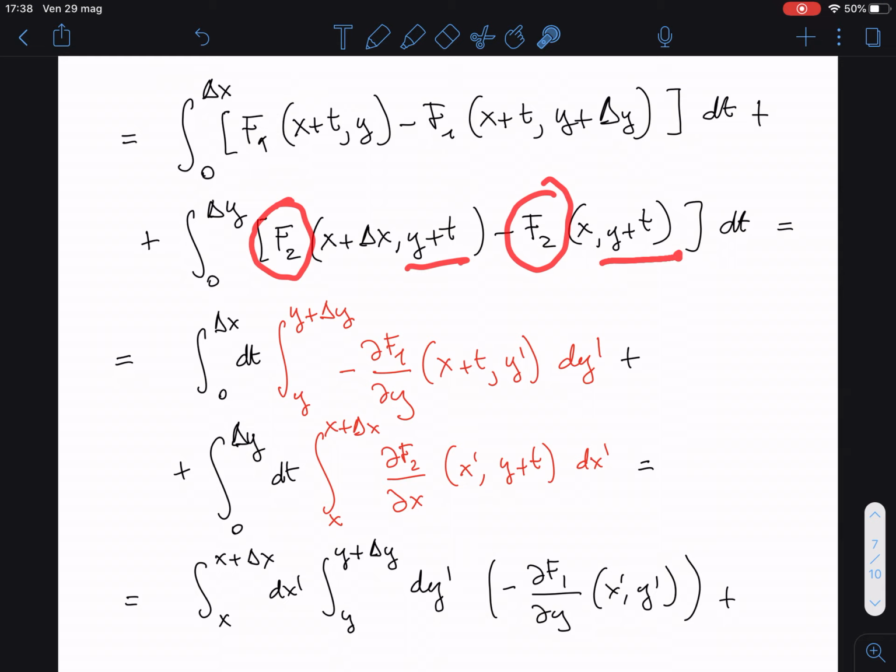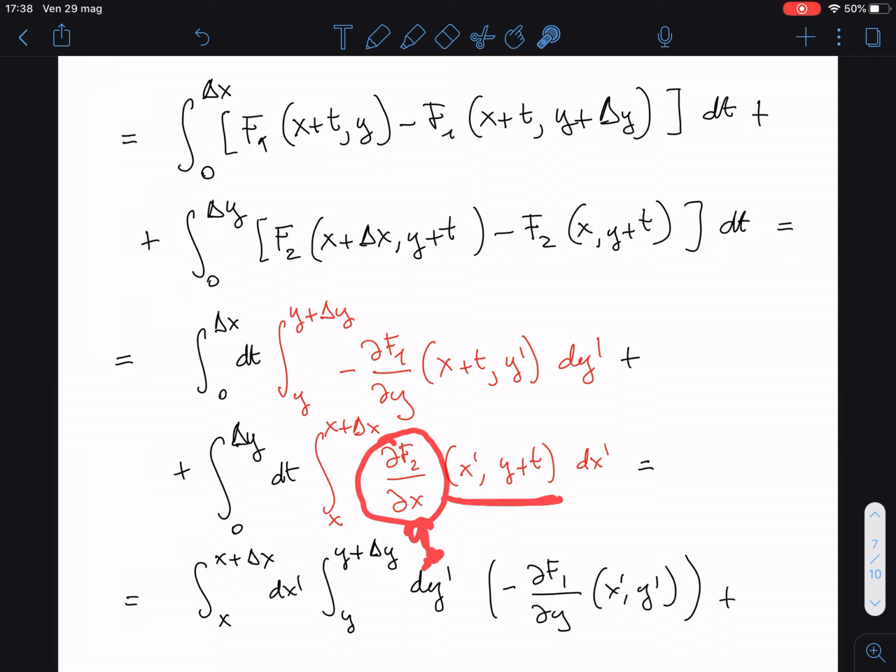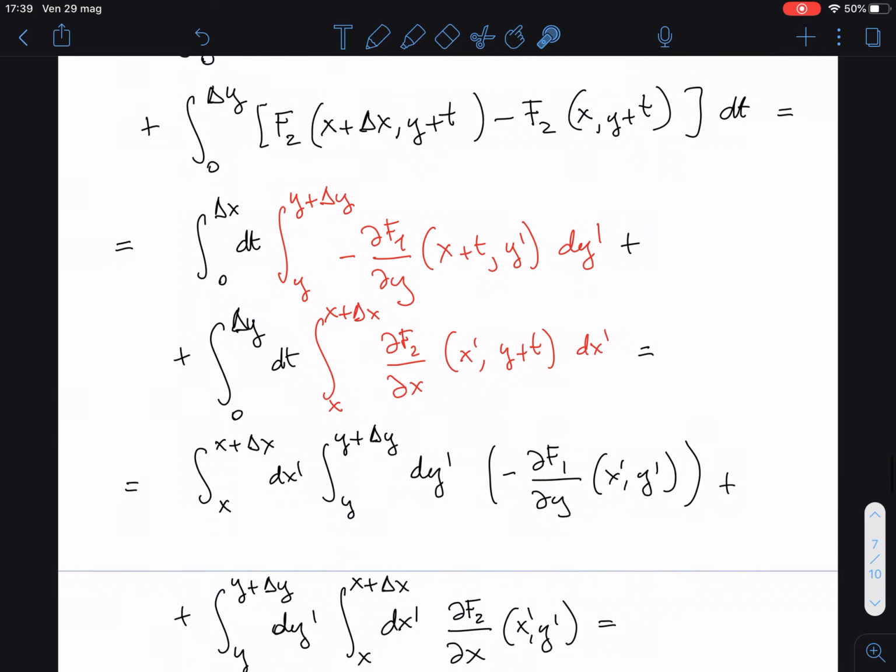So we can obtain this difference by integrating the partial derivative of the function with respect to the varying variable, which is x. And now the integral is in x prime, and x prime runs from x to x plus delta x. Up to here it is all exact, there are no approximations, okay?